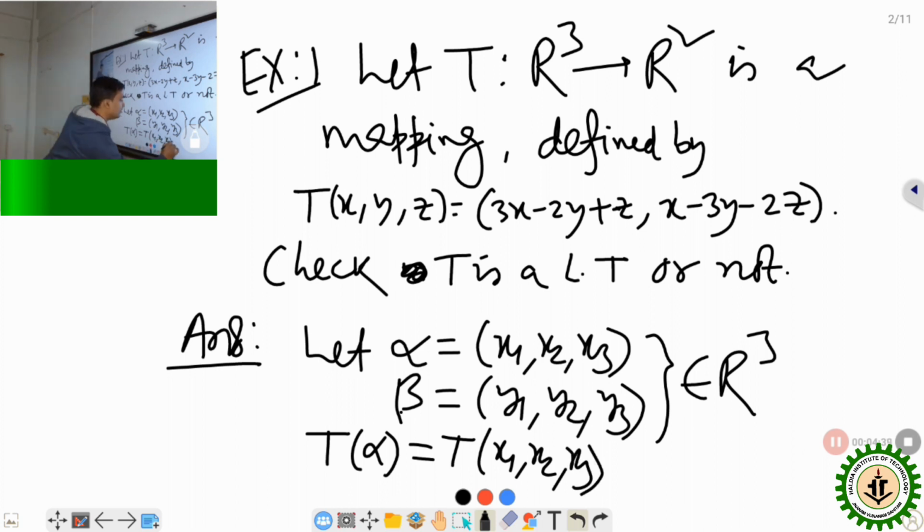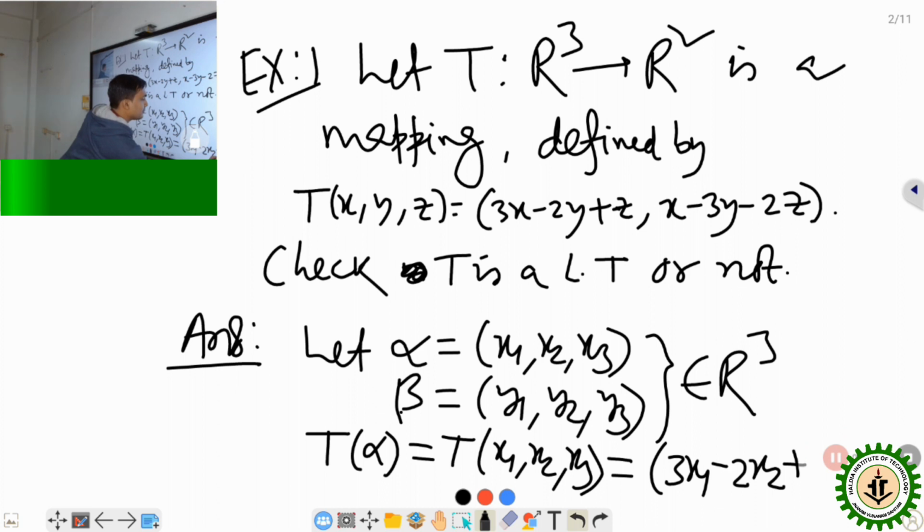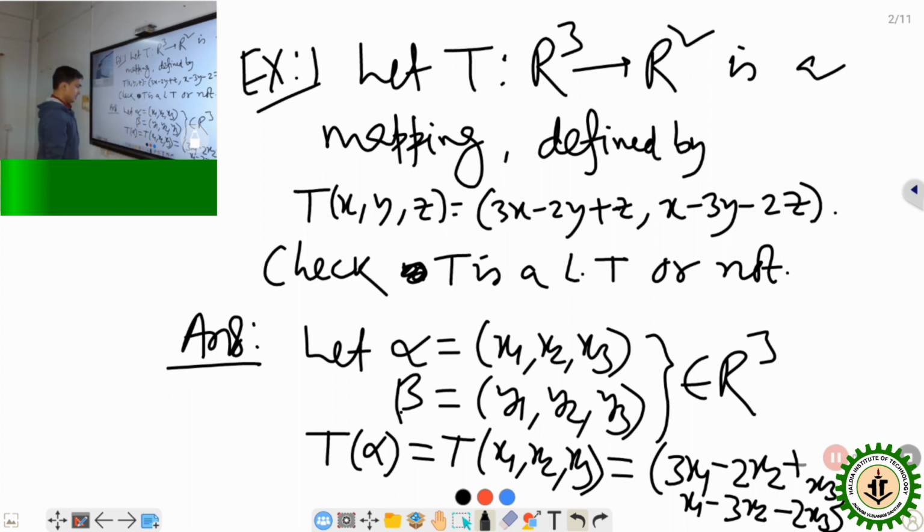From our mapping, the value will be (3x1 minus 2x2 plus x3, x1 minus 3x2 minus 2x3). So this is the value of T alpha.